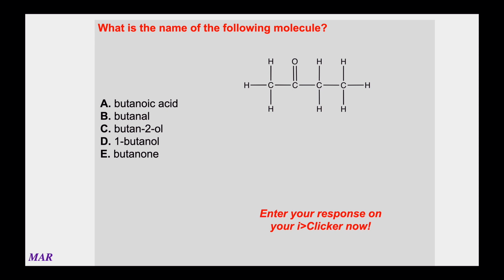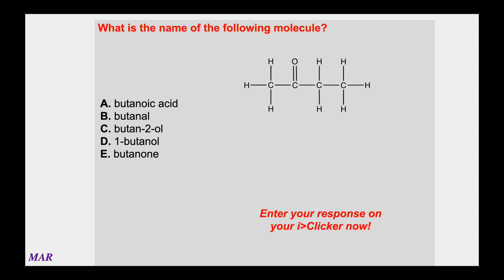So let's say we wanted to name this molecule right here. Like, what would you do? Well, again, it comes down to finding the longest chain and stuff like that. But we also have to think now about the type of compound it is, because that's going to affect the name quite a bit. So if you count up the number of carbons, there's 4. And the alkyl group for 4 carbons was butyl. So it's going to be but-something.